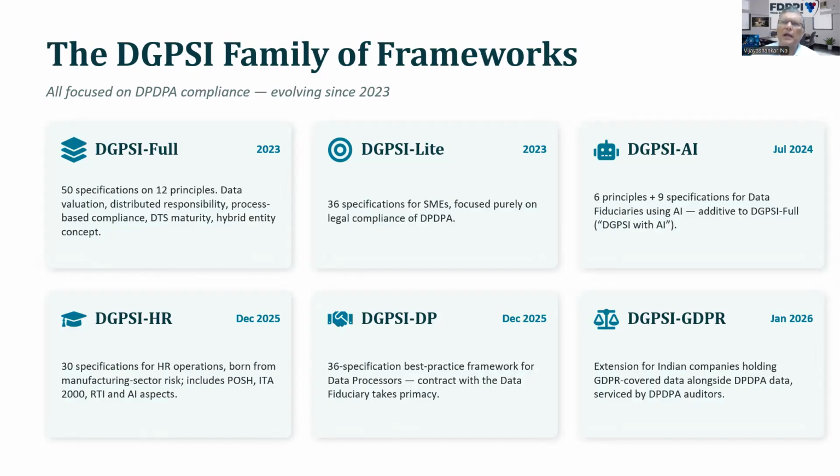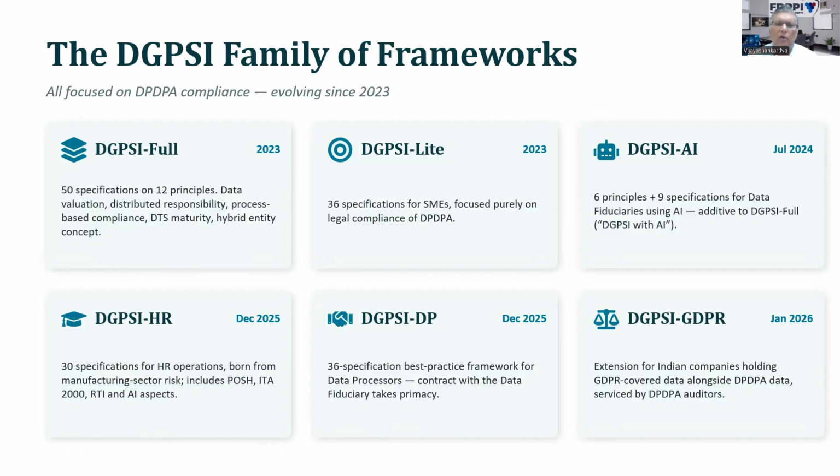Subsequently, we had created a framework called DGPSI AI, specifically to address the use of AI by data fiduciaries. This was supposed to be used in addition with DGPSI Full. Following this, we created a framework DGPSI HR exclusively for the HR operations, which included aspects such as POSH, RTI, and so on.